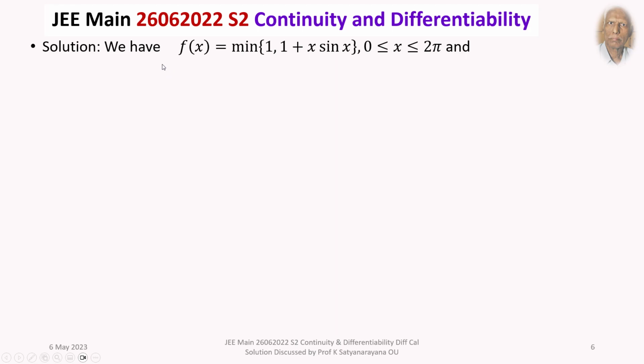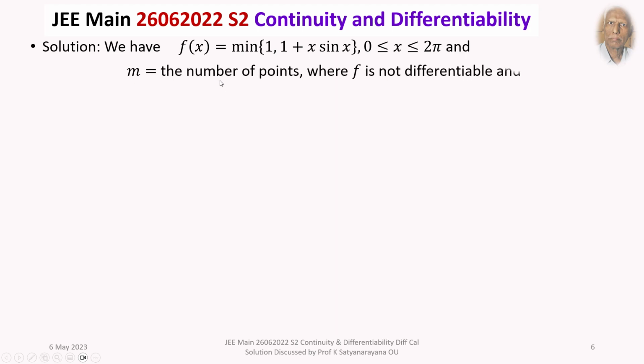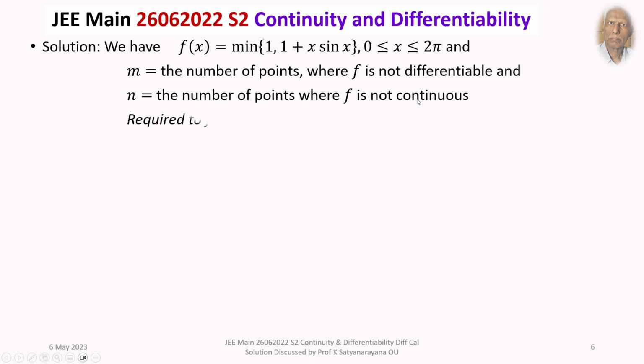We have this function f of x equal to the minimum of the first function 1 and the second function 1 plus x sin x, where 0 is less than or equal to x less than or equal to 2 pi. m denotes the number of points where f is not differentiable, and n is the number of points where f is not continuous.